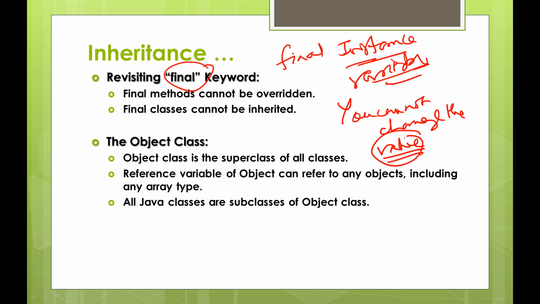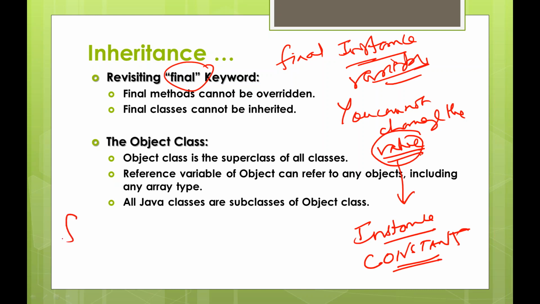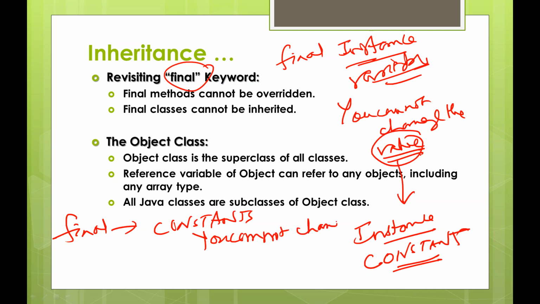That means that instance variable is nothing but your constant. It becomes a constant. So final variables are constants. You cannot change them.